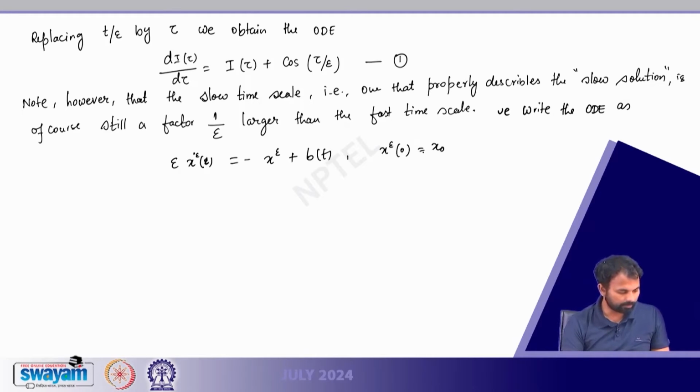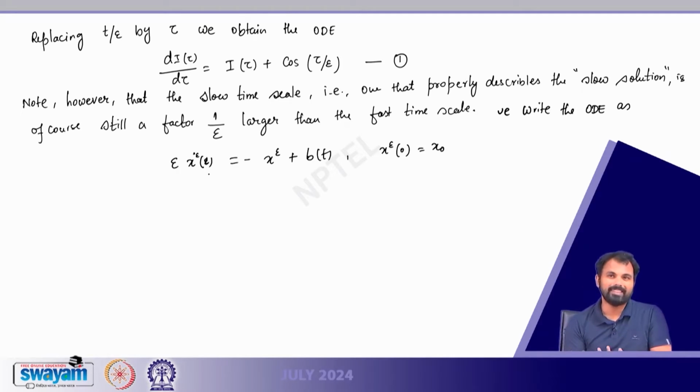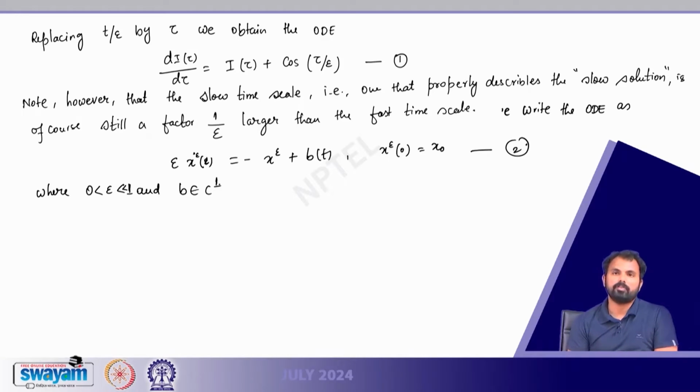This is our same electrical example, just that we have now used a general x epsilon, because when we write dx dt to represent an ODE, that looks quite familiar to us. Let us call this equation number 2, where 0 less than epsilon less than 1, or epsilon very less than 1, and b belongs to C1. C1 means the set of all continuously differentiable functions once actually.